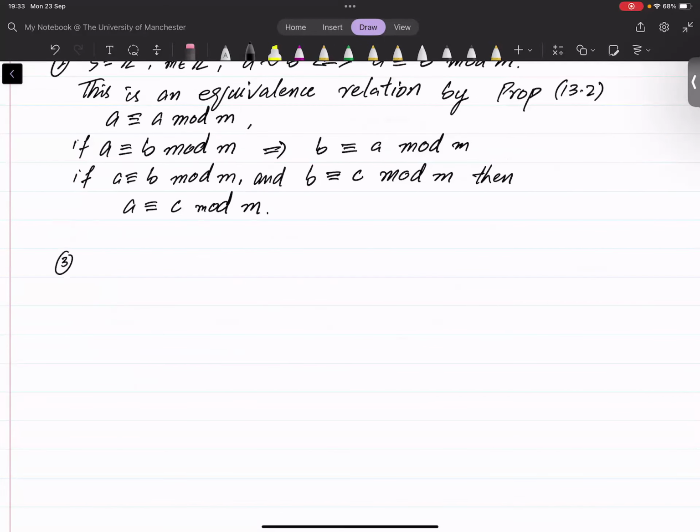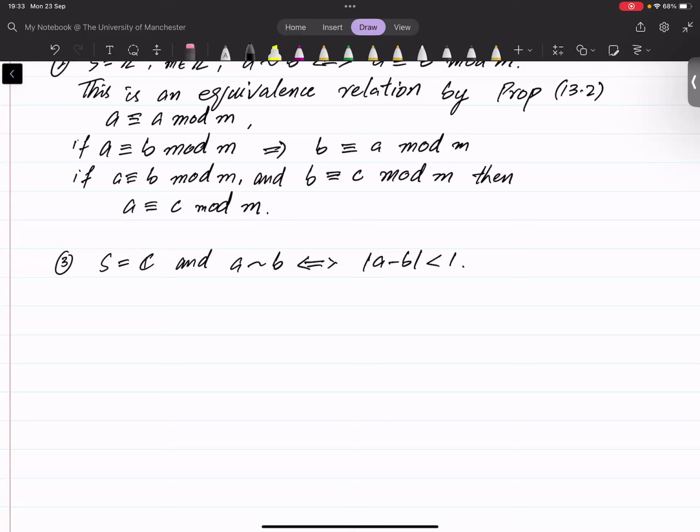Number 3. So number 3 was that S is the set of complex numbers and A is related to B if and only if the mod of A minus B is less than 1.